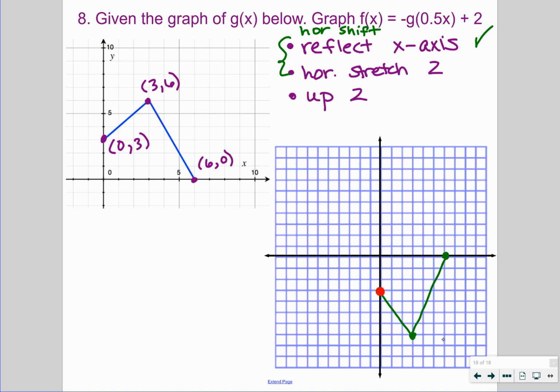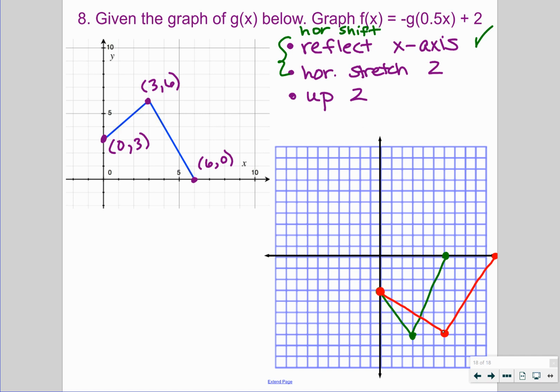That's what the 2 is. So we're going to double it and make it 6. Now you can see how it's starting to stretch that way. The other guy that's on the x-axis is 6 units away from my y-axis. So if I want to stretch it, it's going to move to 12. Best we can there. And you can see the horizontal stretch that happened. It's wider by a factor of 2.